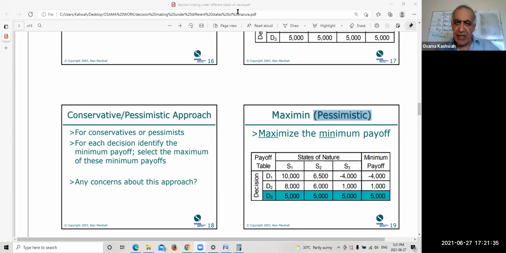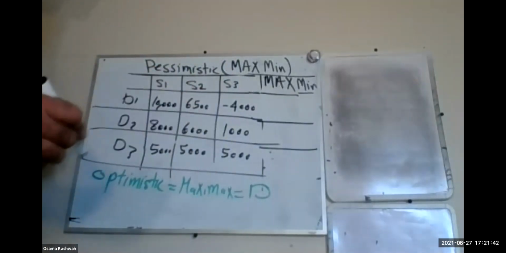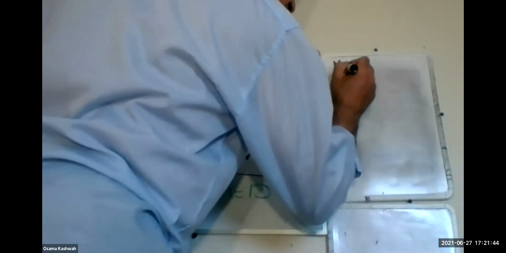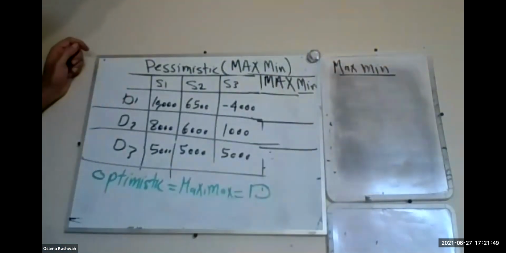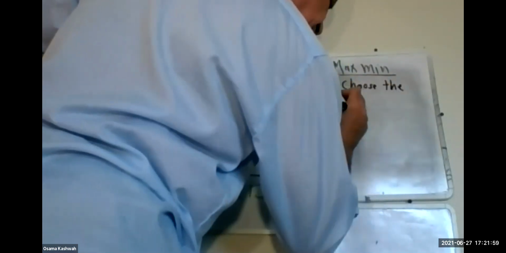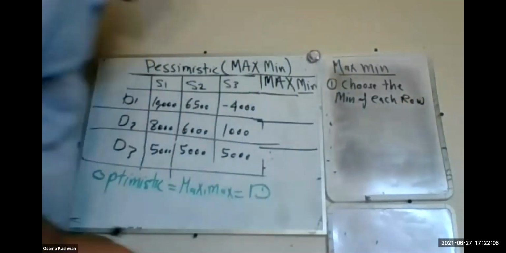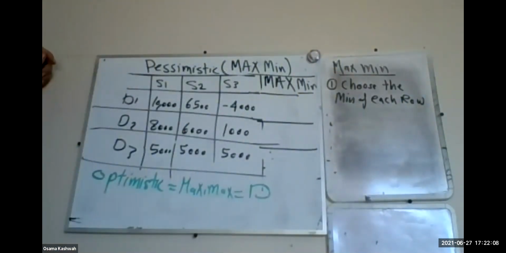We have here already the matrix. So for maxmin, or the pessimistic, we'll do the following. Step one, choose the minimum of each row.